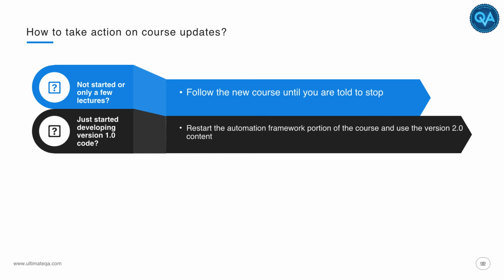Group 2 are people that have just started developing the version 1 test automation framework. So it means you've covered C#, you've covered all the basics about Selenium, and now you're digging into the version 1 test automation framework. So what should you do? Well, you should restart the automation portion of the course regarding version 2 framework development and proceed from there.